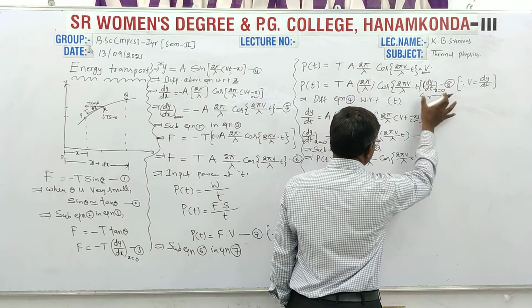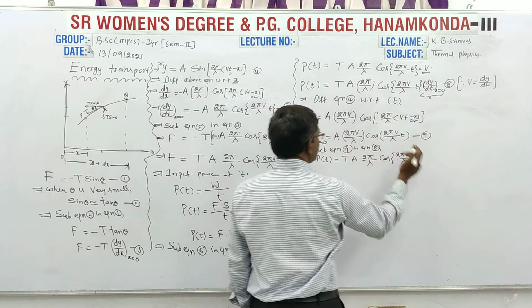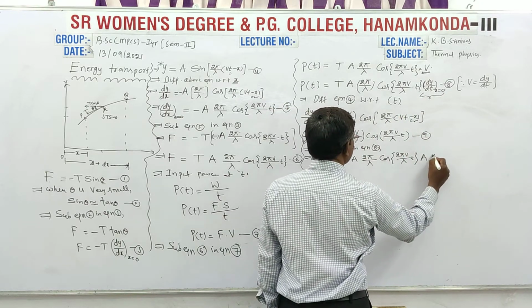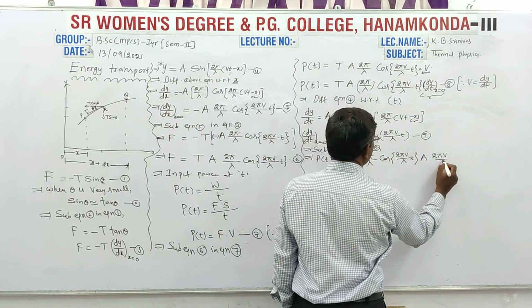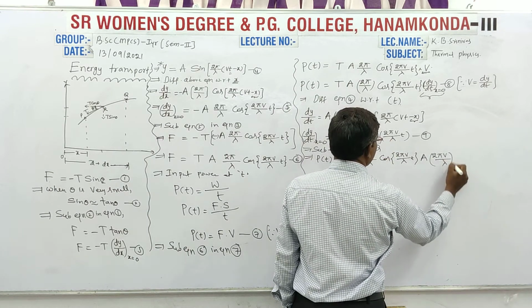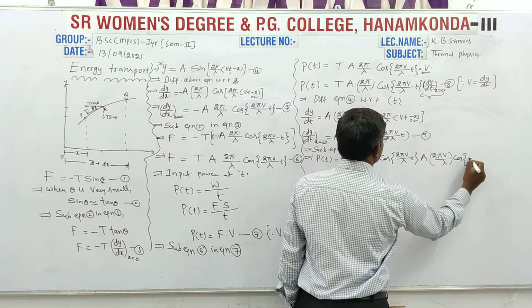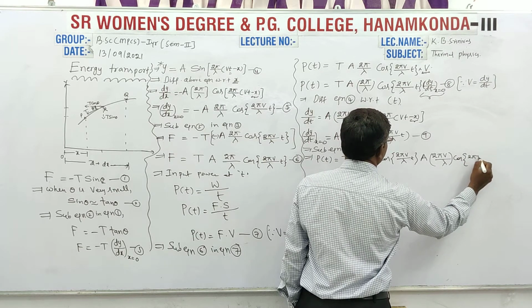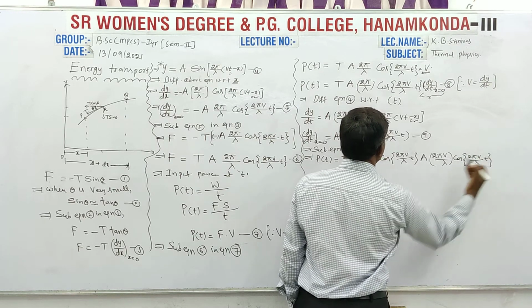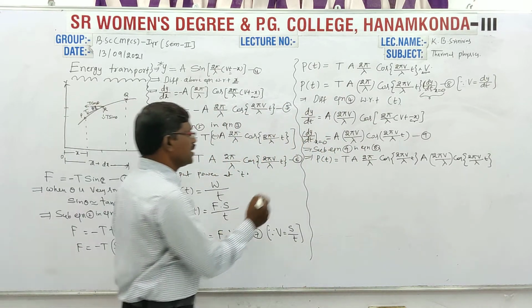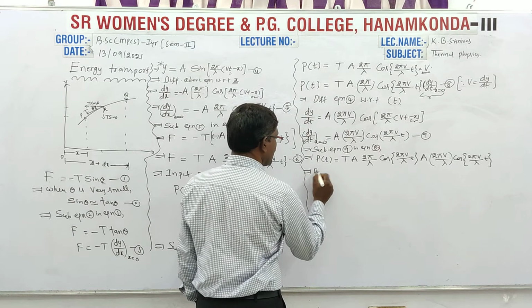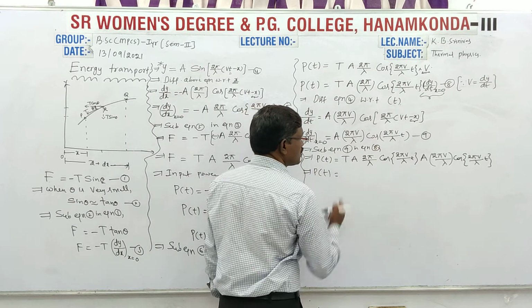Instead of this term, here I am substituting this term, that is a into 2 pi v by lambda into cos of 2 pi v by lambda into t. Is that clear?